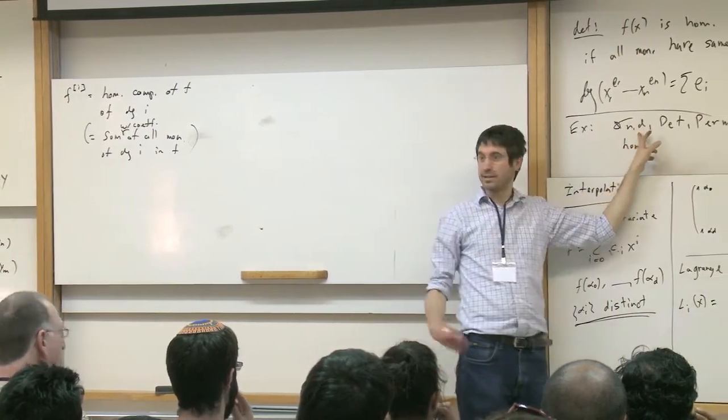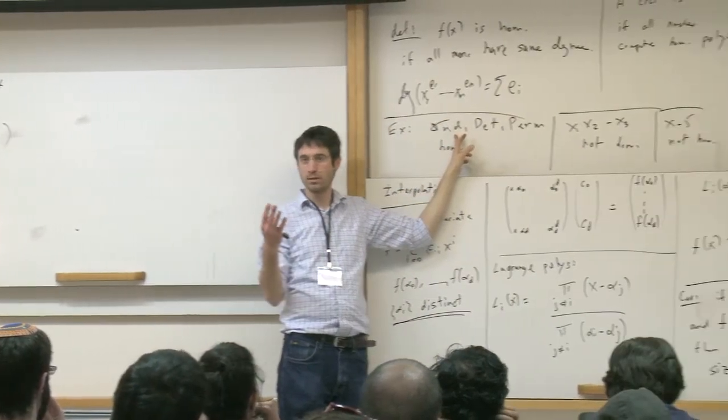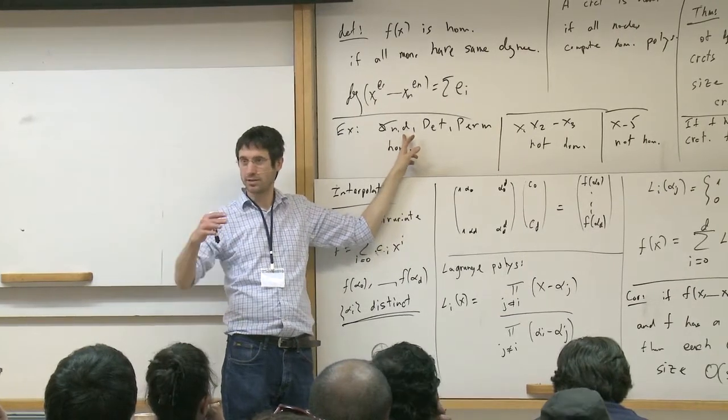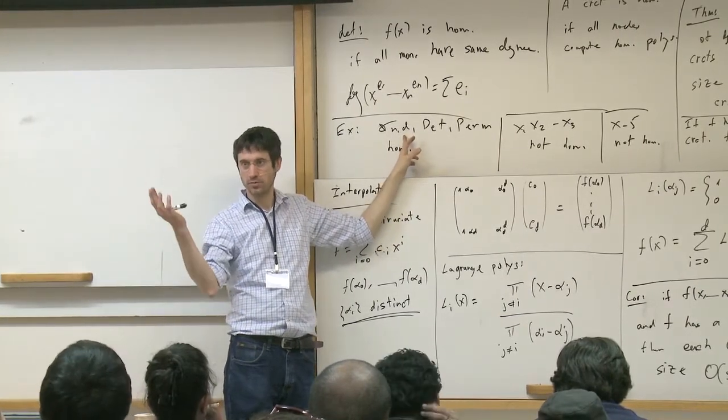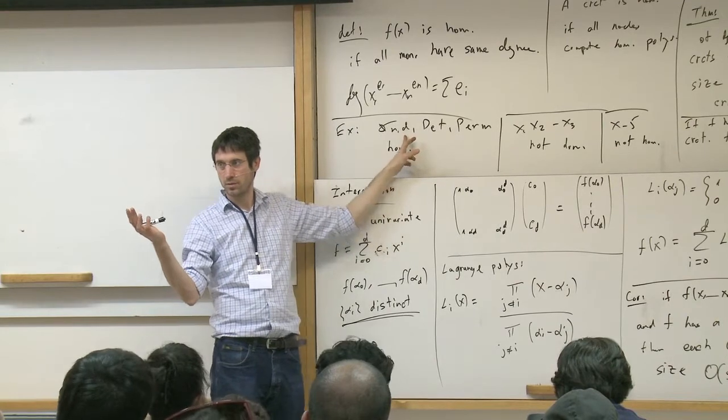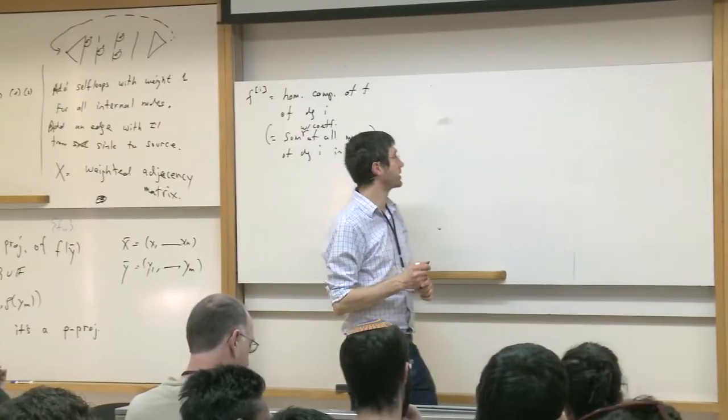In sigma n,d, the degree d part will be the entire polynomial, the degree d minus 1 part will be 0, the degree d minus 2 part will be 0, etc., because you don't have monomials of degree other than d. So you just take all monomials of a given degree.